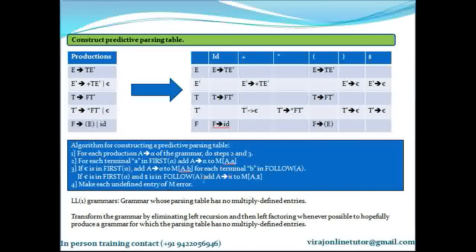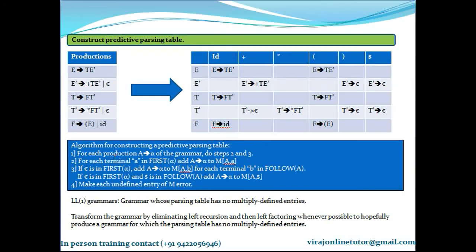So rule number 2 says: compute first of right hand side and at all those places you place the production. If epsilon is in first of right hand side, then you place the production at follow of left hand side. And if follow of left hand side contains dollar in it, then you place this production also at the dollar.